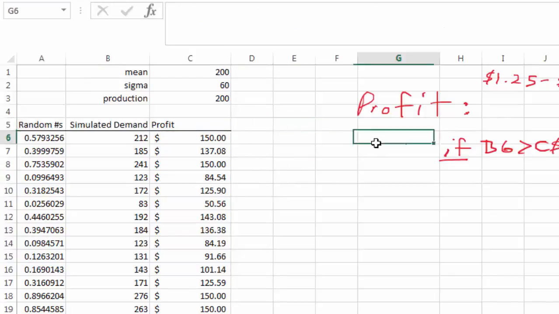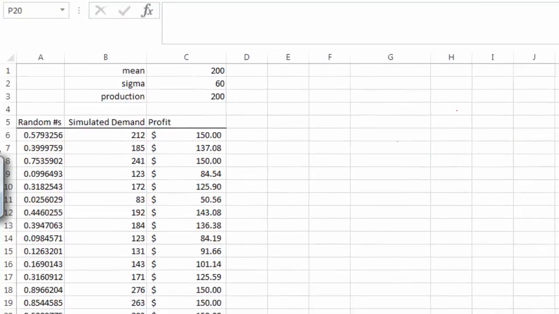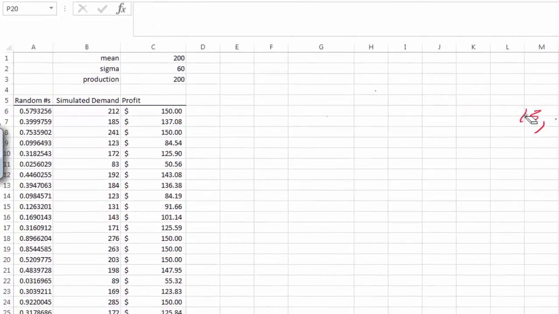Now over here I'm going to start thinking about, okay, we're going to run this simulation a lot, and just press F2, enter as many times as we need to, at some different values of production, and just take the central tendency of the estimated profits and make a table of them, and then find whichever one's the largest, and that'll be our target production level for any given day.